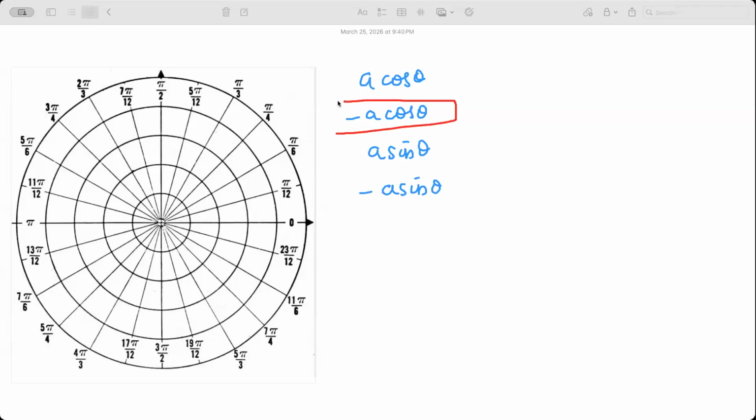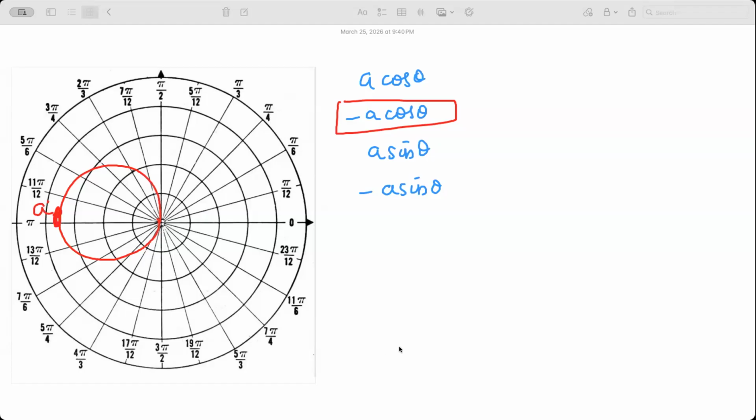Let me put it in generic formats: a cos theta, minus a cos theta, a sin theta, minus a sin theta. So at some point nobody is going to come with a table and show you, so you will have to know how that works. Minus a cos theta is this, and this point at pi would be the a point.